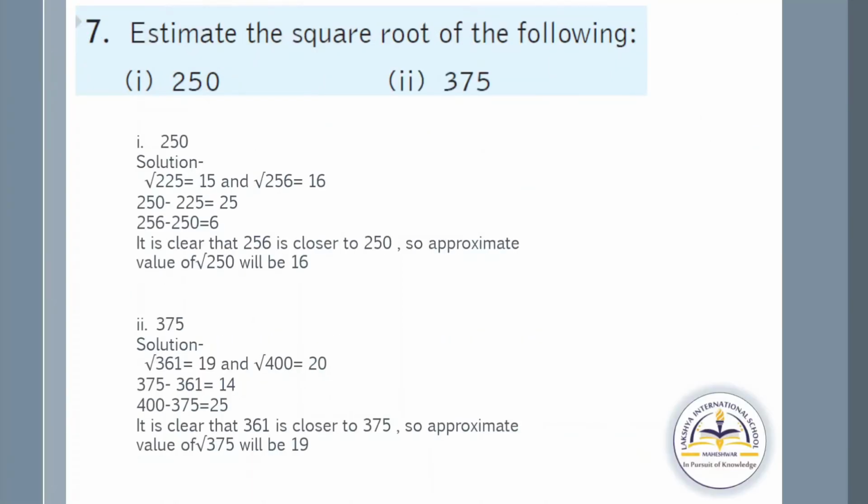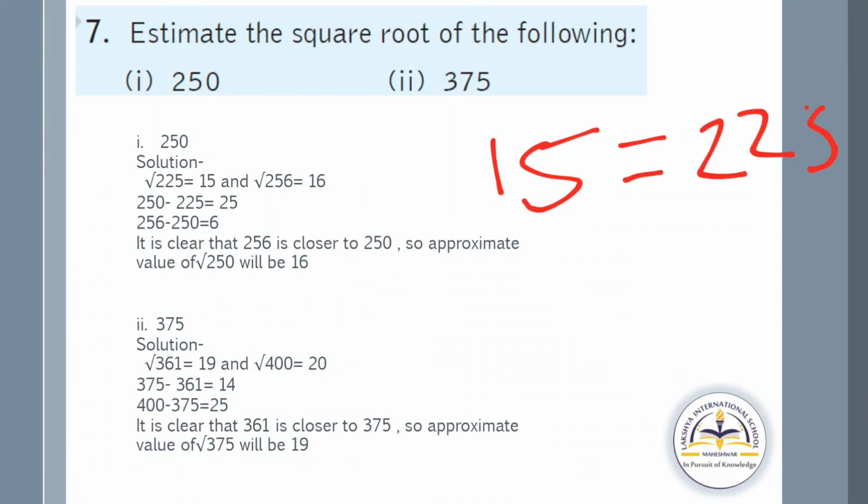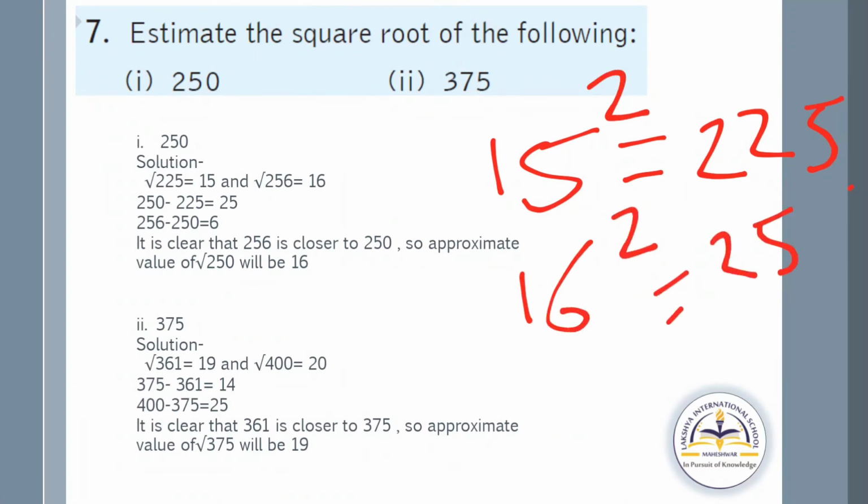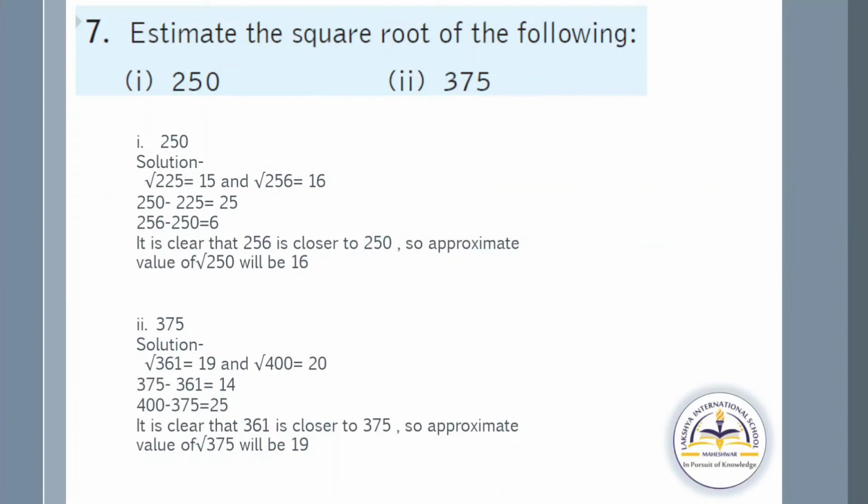Now question number 7. Estimate the square root of the following. First, 250. Now we know the square of 15 is 225 and the square of 16 is 256. Now 250 minus 225 is a difference of 25.